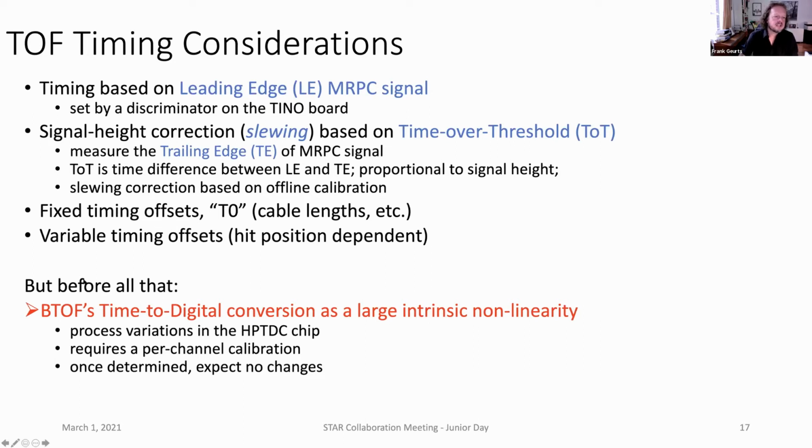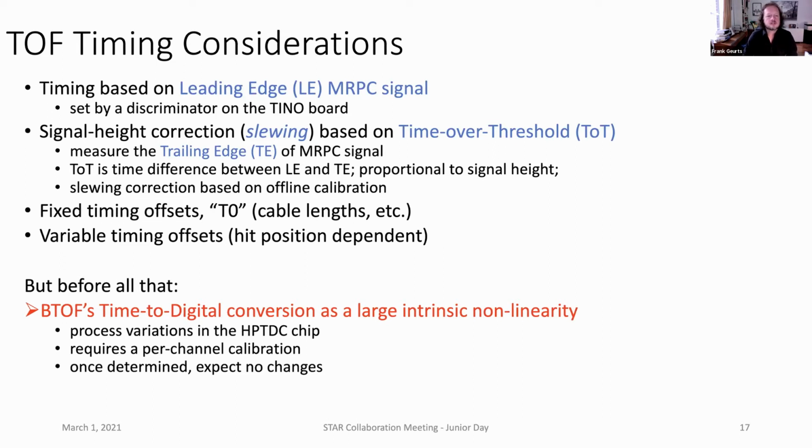We have a signal height correction, which we call slewing correction, that is based on a concept called time over threshold. In older systems, you often used an ADC to find out what the signal height is. But that would mean that in a detector like this, where you've got 23,000 TDC channels, you would also need to then design 23,000 ADC channels. And that makes it very pricey.